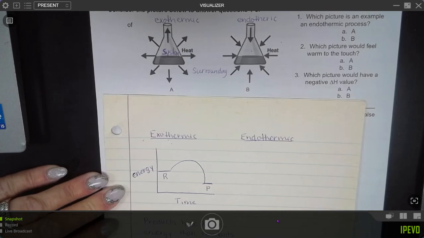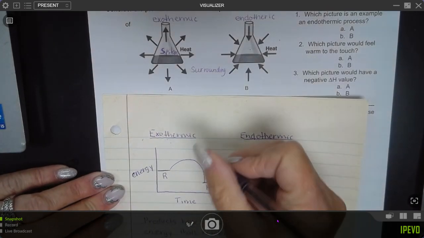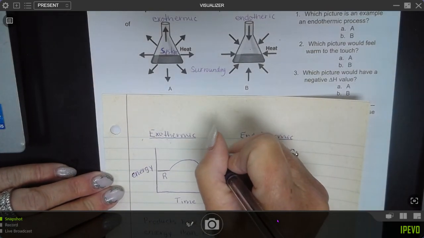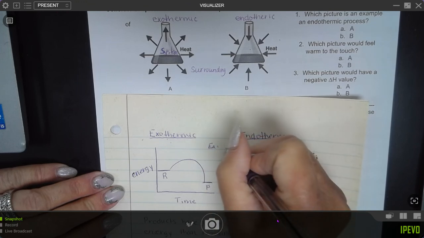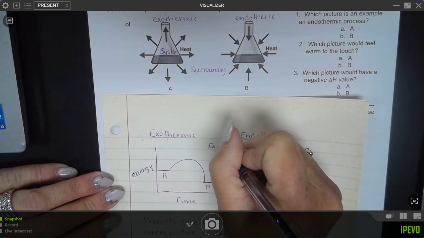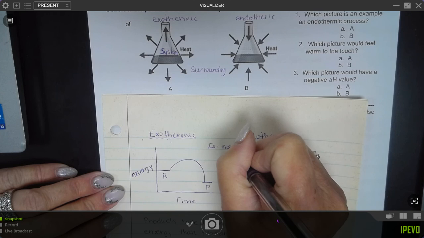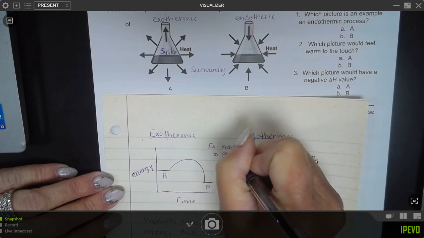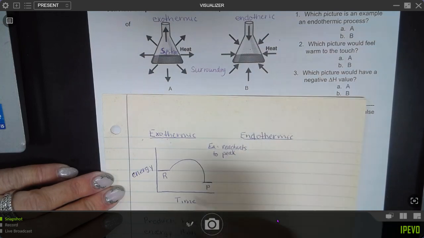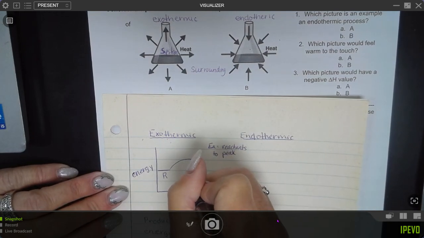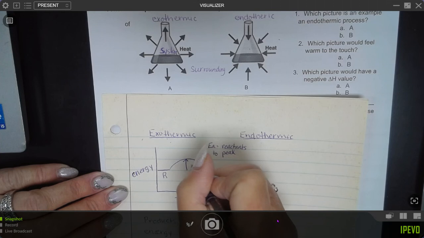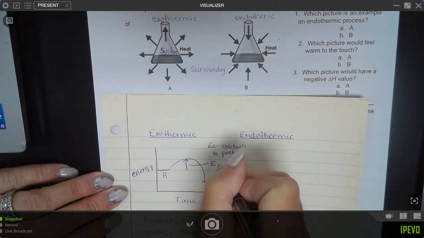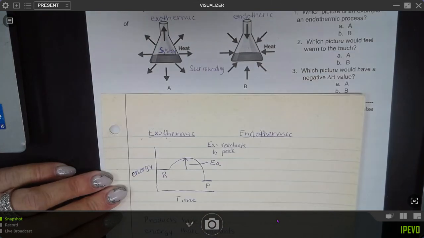Okay, now remember the activation energy, E sub A, is the difference between the reactants to the peak of our graph. So in an exothermic reaction, our activation energy is from the reactants to the very top of the graph.